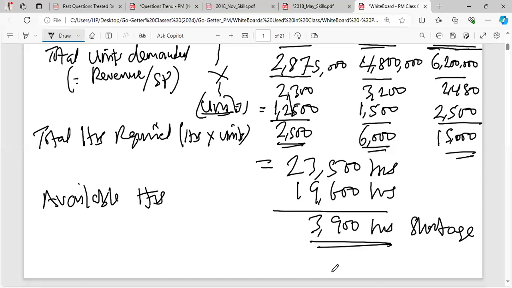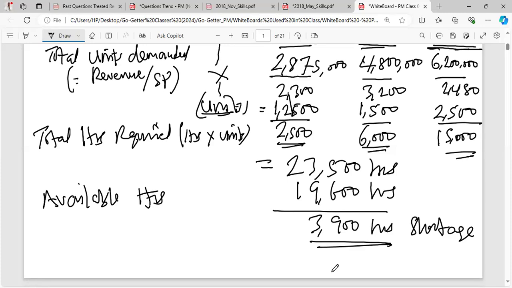Now in the exam, once you have done and identify a shortage, there is no need to test the second one, because for exam purposes, it's only one that will give you shortage. But for real life purposes, you need to test all of them to ensure that there is only one shortage.